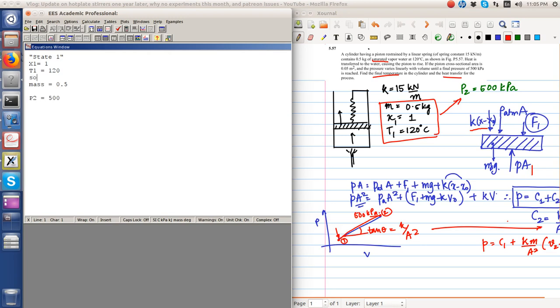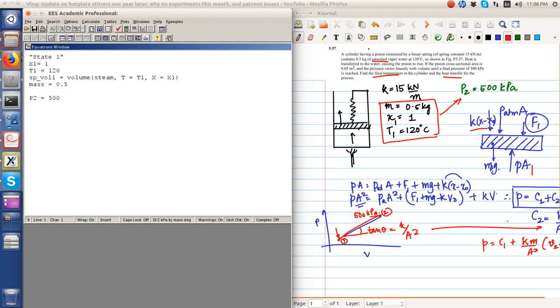So the specific volume at state 1 is equal to volume of steam at T equal to T1 and X equal to X1, because this is saturated water vapor. So the second state has to be found out through the definition of the slope.